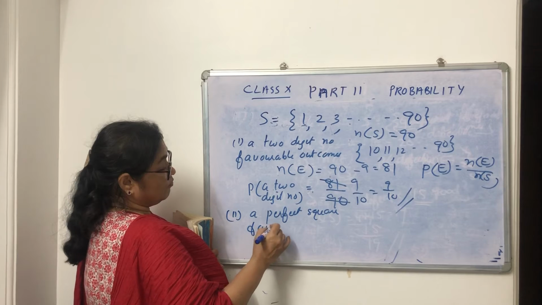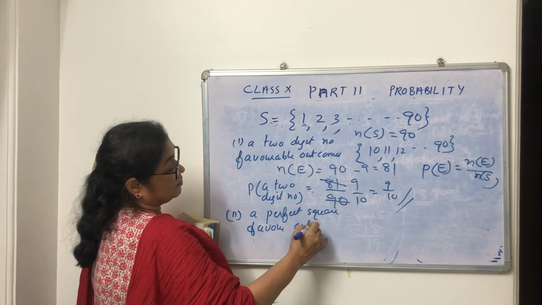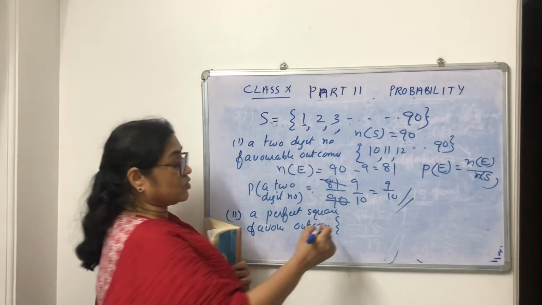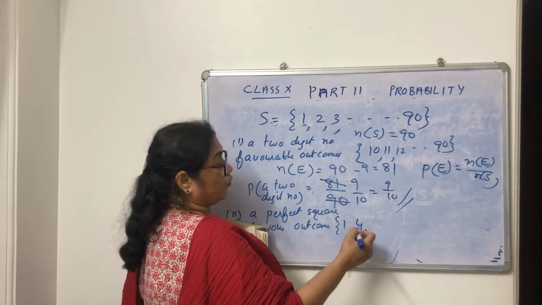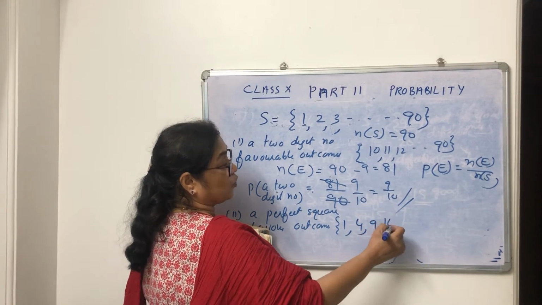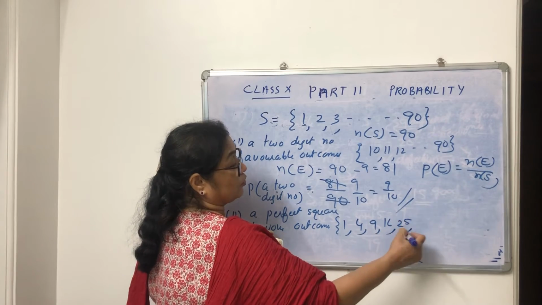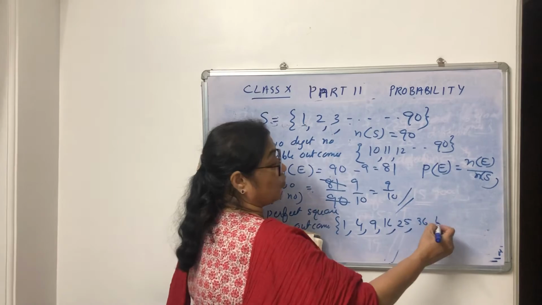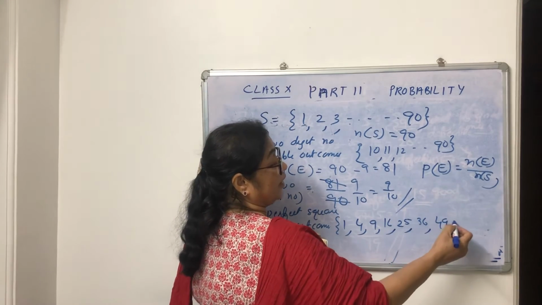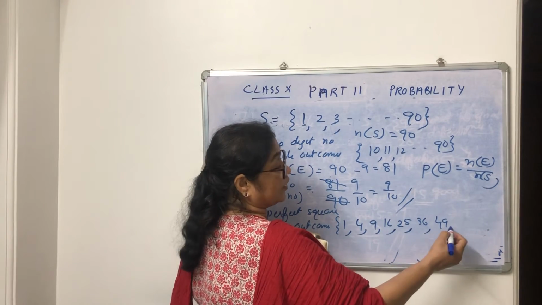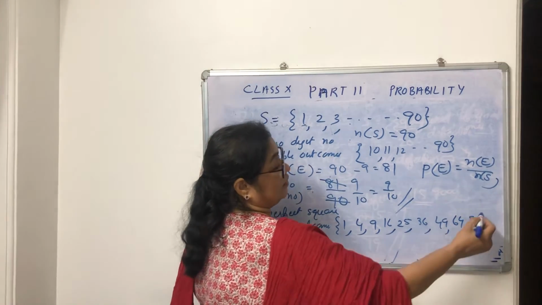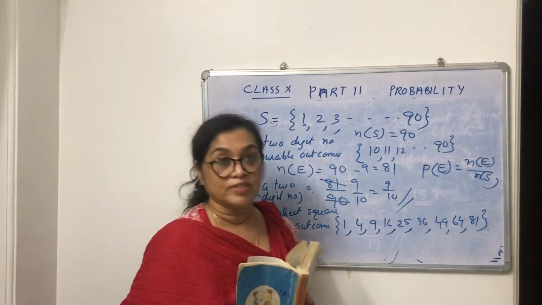Here also the favorable outcomes. Square means 1 squared is 1, 2 squared is 4, 3 squared 9, 4 squared 16, 5 squared 25, 6 squared 36, 7 squared 49, 8 squared 64, 9 squared 81. It's over, since 10 squared is 100.